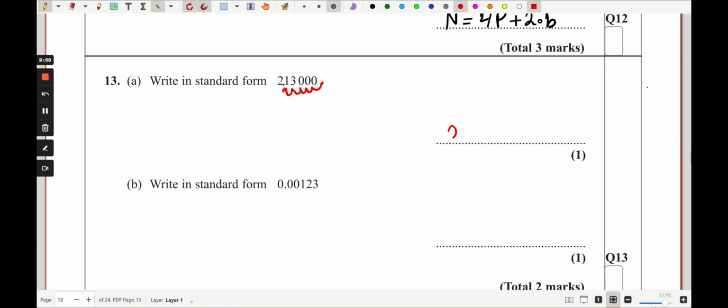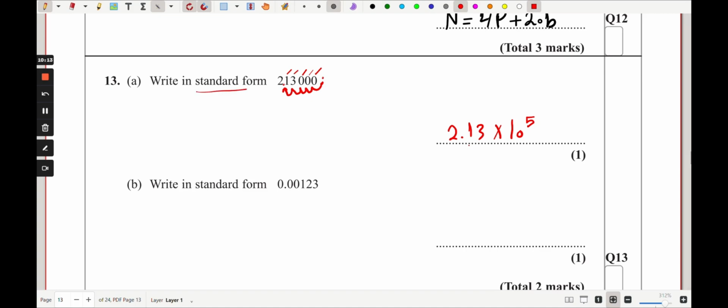So we'll have 2.13 times 10 to the power of 5, because we moved the decimal point 5 places. 1, 2, 3, 4, and 5.